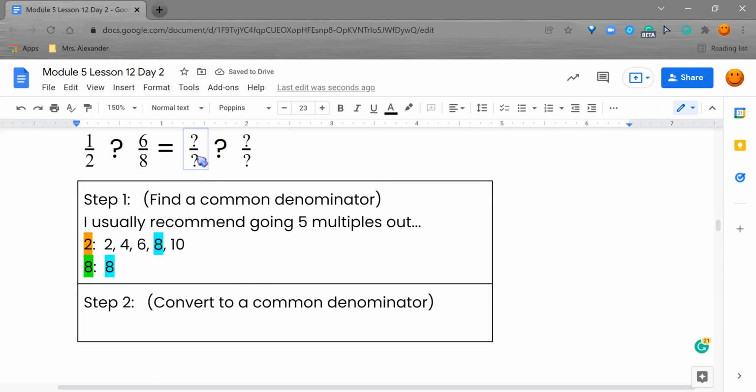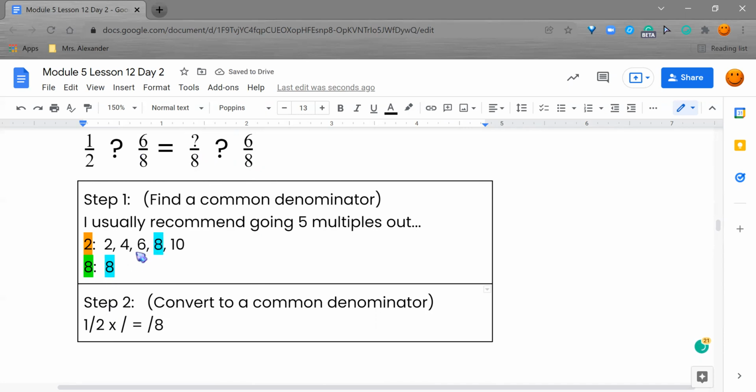So I'm going to write 8 as the denominator. Once I do that, I see that I have an 8 already, so I'm just going to move this 6/8 over because I don't have to change it. But I do need to change this 1/2. I'm going to multiply it by some fraction that equals one whole, equals some number over 8.